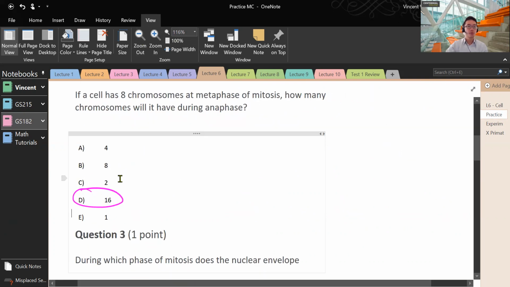For those of you who chose B and A, have I convinced you that it is 16? Will you be choosing 16 on the test? Or do I need to explain more? Okay.